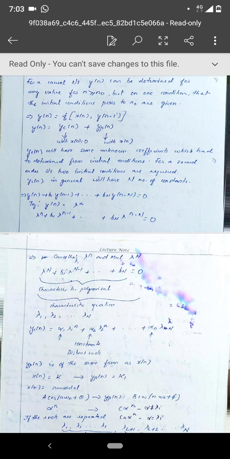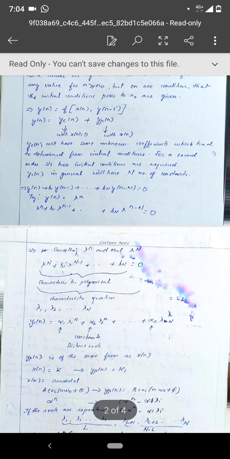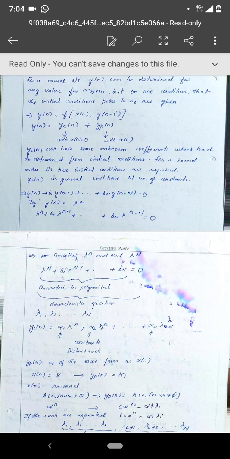Or the current stored in the magnetic field of an inductor, that's an initial condition. So the complementary function is determined with input equal to 0, that is, from initial conditions, whereas the particular solution is actually with the input.